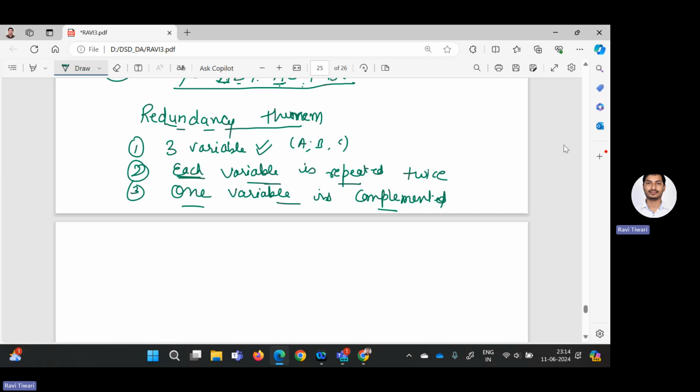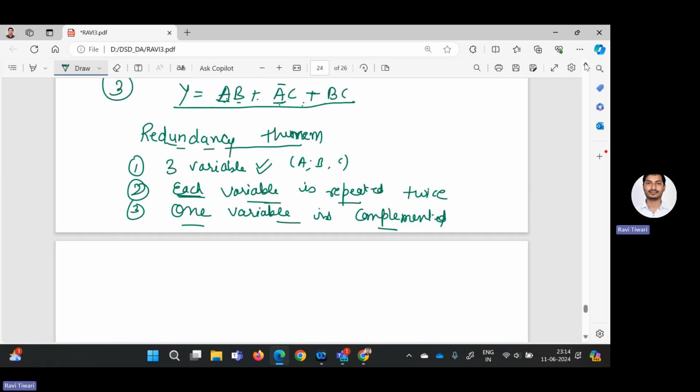So first I am writing the expression, and then I will tell you how we can apply it. Y is equal to AB plus A bar C plus BC. Here we have A, here we have A bar. So in the third term, you have to include A plus A bar, because A plus A bar is equal to 1, so it will not change the functionality.